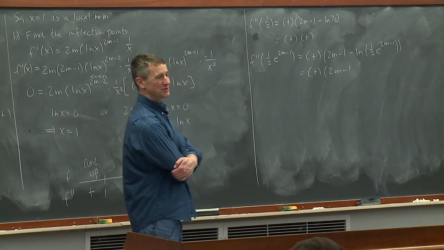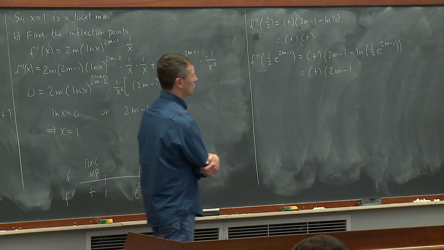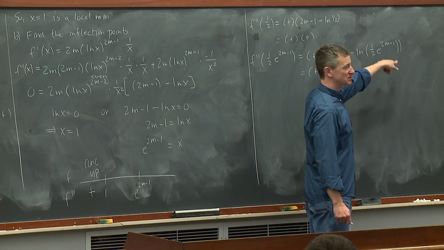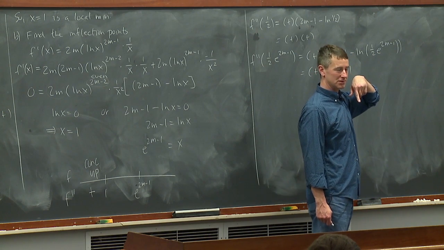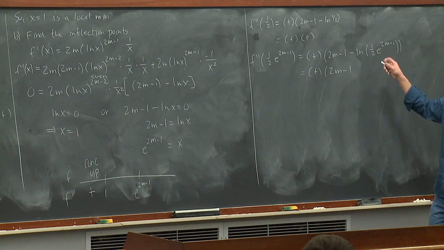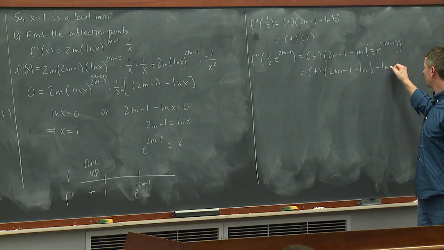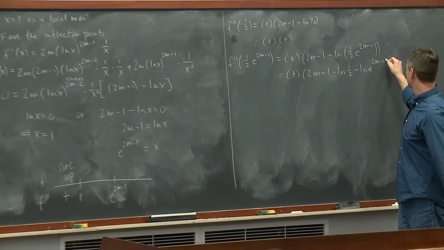And now it's going to be time to use your log rules. Back to the second week. We've got ln of a times b here, right? What's the rule for ln of a times b? ln of a plus ln of b. So this is like saying minus ln of 1/2 minus ln of e to the 2m minus 1.